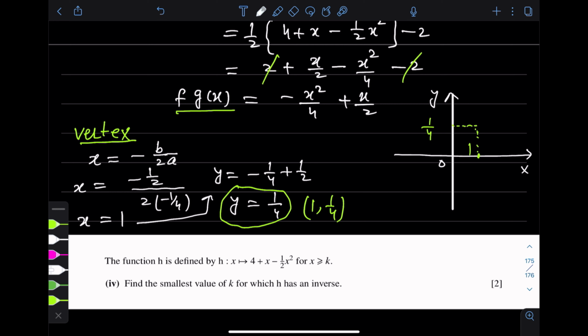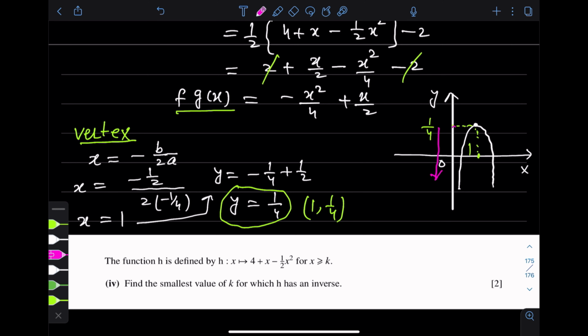So the graph will be, because the coefficient of x square is negative, the graph will take the maximum value. This is the graph, and clearly the range for this graph is this. This arrow shows less than or equal to 1 over 4.